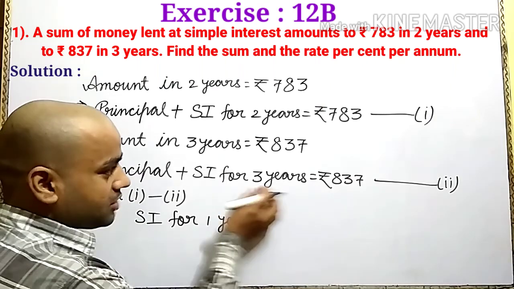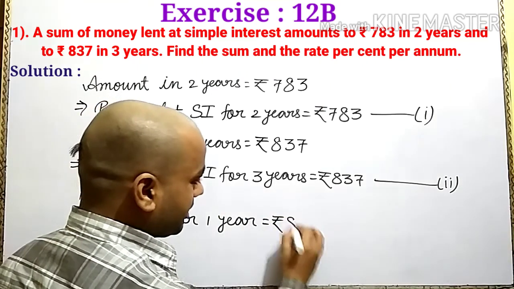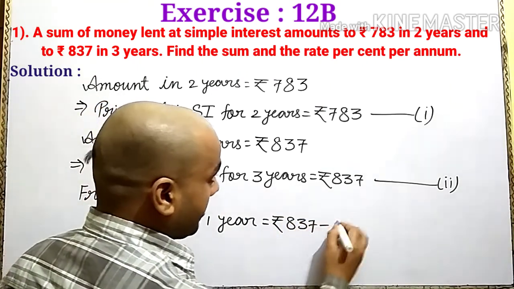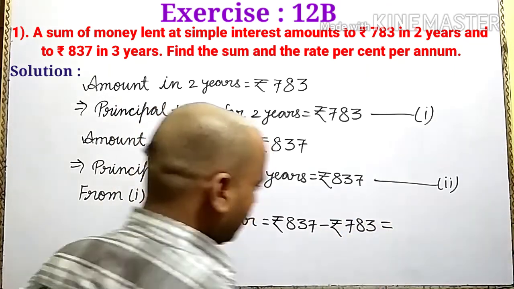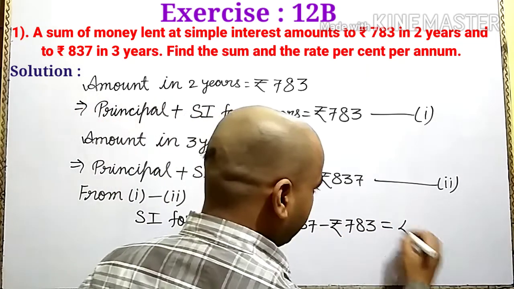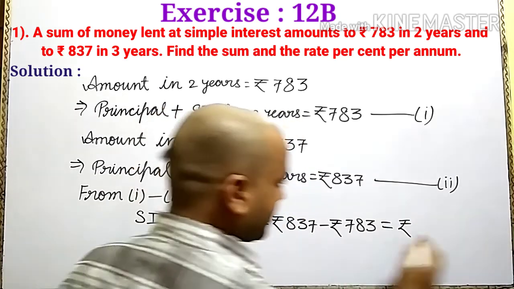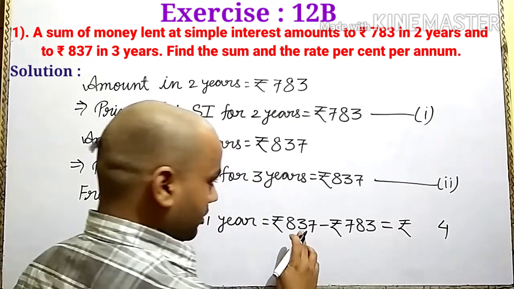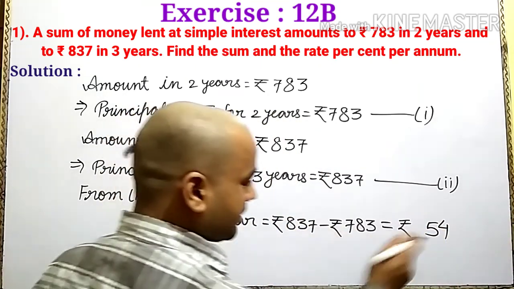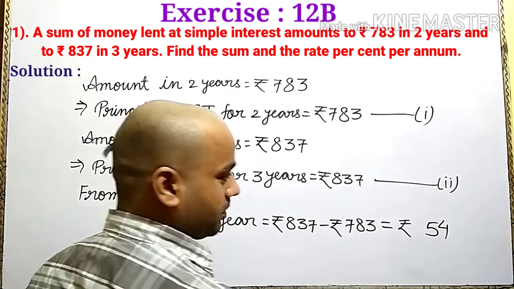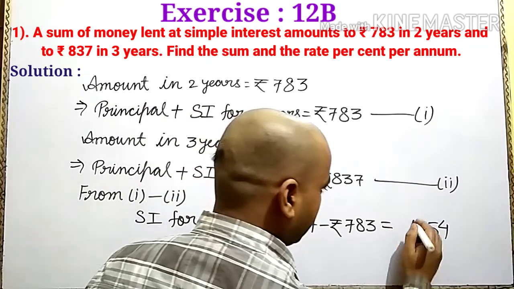The simple interest of 3 years given 837 minus 783 is equal to, we subtract here 7 minus 3, 4, 13 minus 8, 5, 7 minus 7, 0, means 54 rupees. Is it clear?